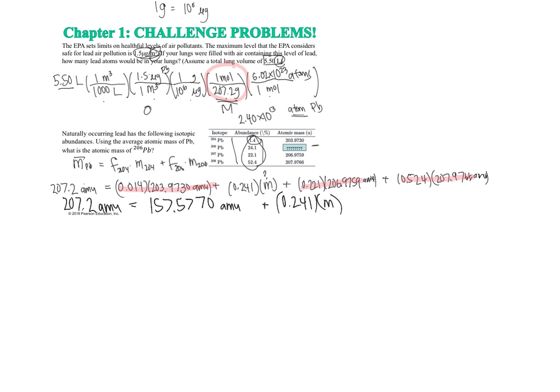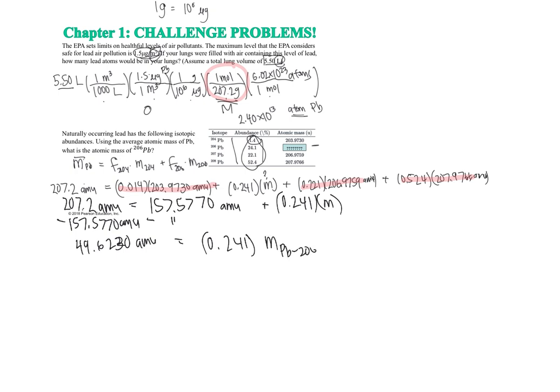So now we can subtract that value over. We're going to subtract 157.5770 AMUs, and we get 49.622 AMUs. All right, and that whole thing equals 0.241 times our unknown mass of lead-206.